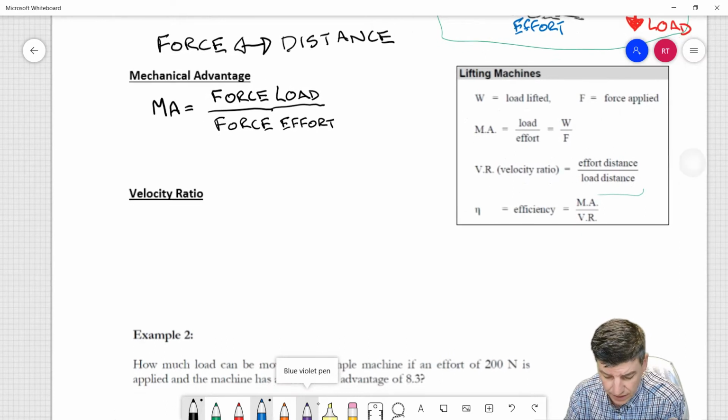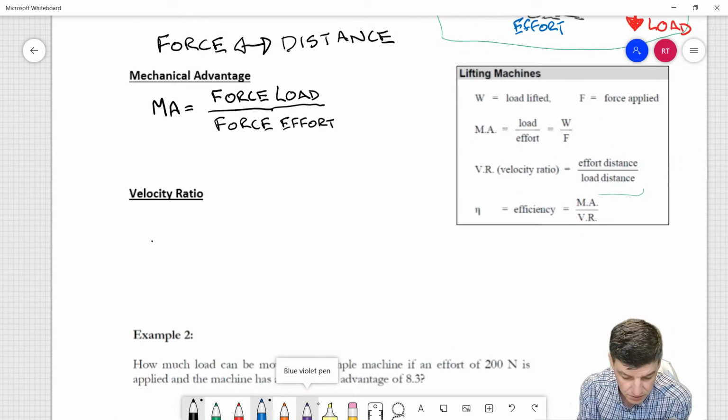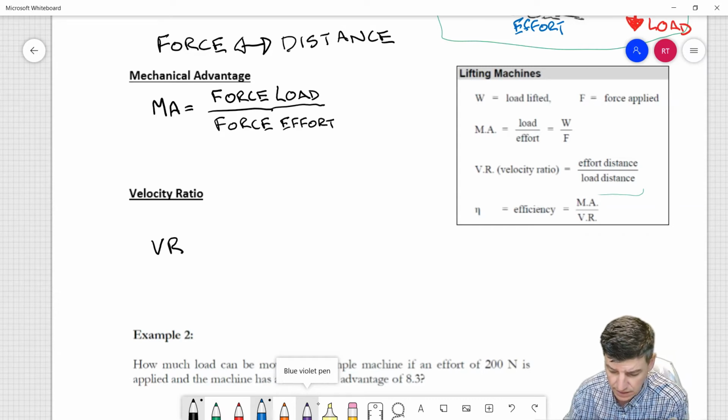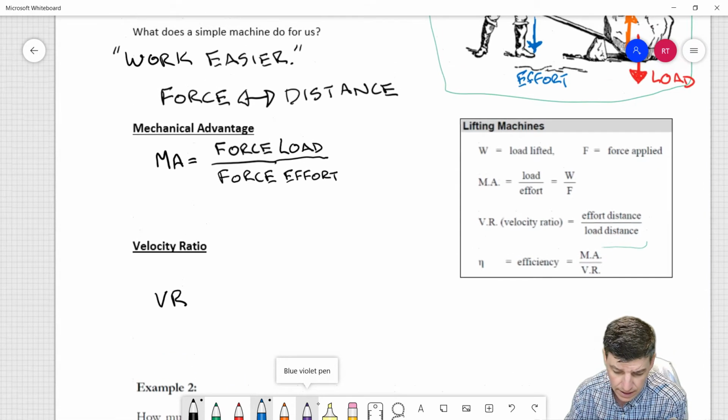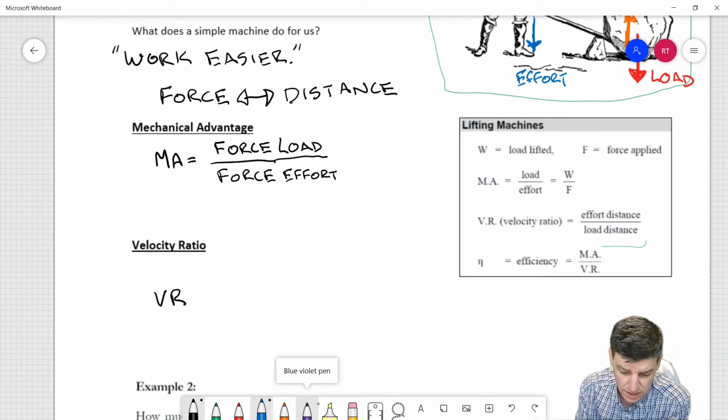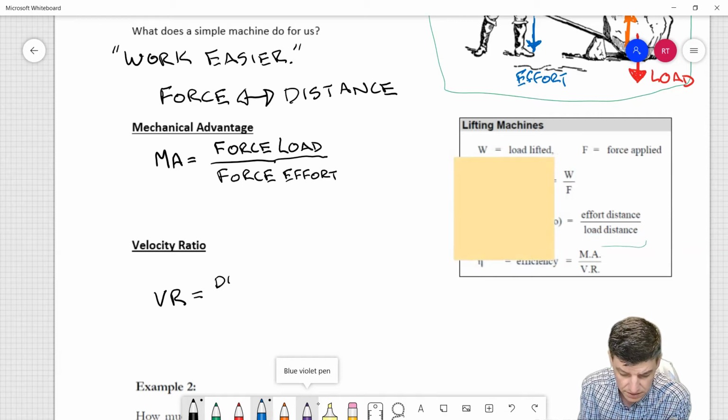We also have another term, which is the velocity ratio. When we talked about how a simple machine works for us, we said work was easier, and we talked about the force being changed, or that we sacrifice force for distance. And so velocity ratio is the ratio dealing with the distances.